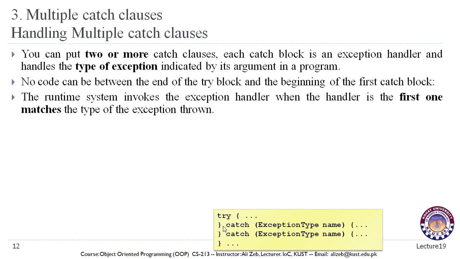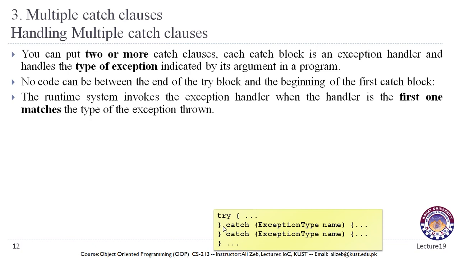The runtime system invokes the exception handler when the handler is the first one that matches the type of the exception thrown. So for example, if we are not sure or we suspect that multiple kinds of exceptions might occur in a certain code, we write that code in our try block and then we try to catch each of those kinds of probable exceptions in our catch blocks.